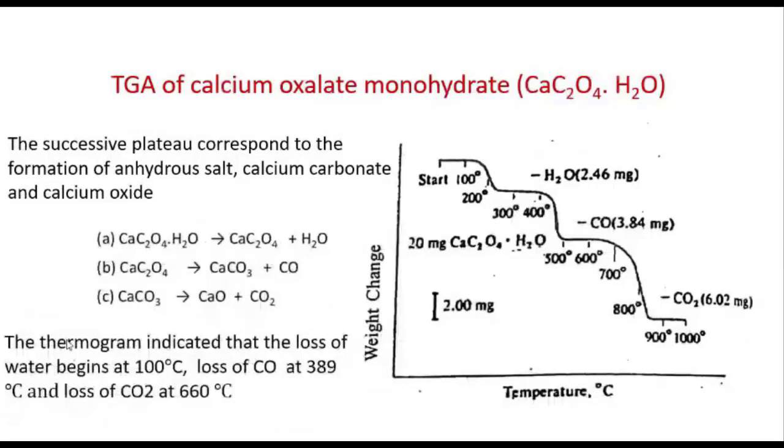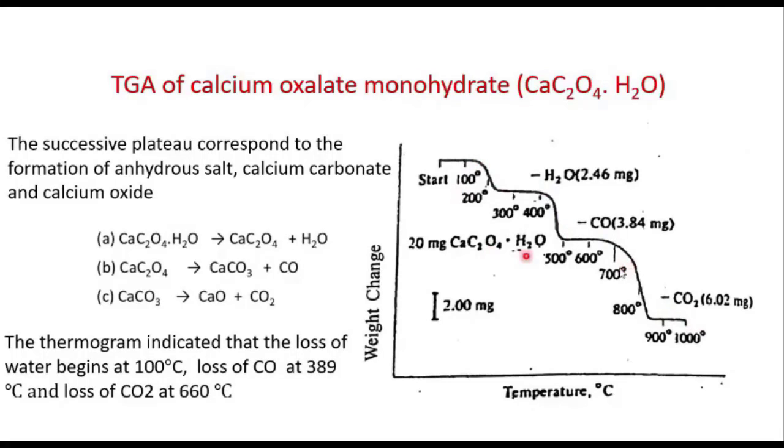An example of a real compound is the TGA of calcium oxalate monohydrate, CaC2O4·H2O. When it is heated, this is the curve that you are getting. In this curve also you are seeing several flat horizontal portions and vertical portions representing its transformation into different intermediates.